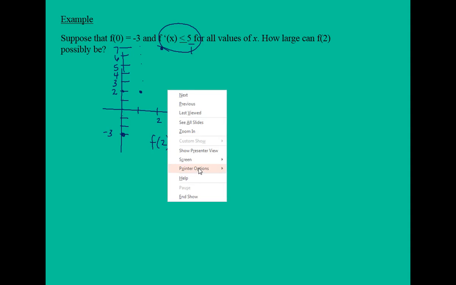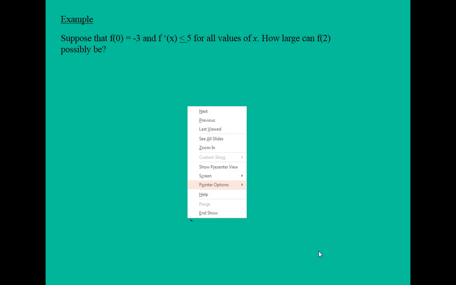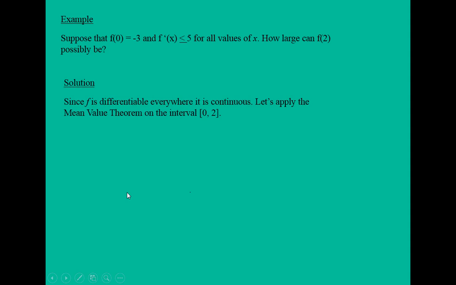We could also solve this problem algebraically. Since f is differentiable everywhere and it is continuous, we could apply the mean value theorem on the interval 0 to 2. And then there exists a number c such that f of 2 minus f of 0 equals f prime of c times 2 minus 0. Now, something it doesn't say that it should have in this problem, it should have said f is continuous and differentiable on this interval.